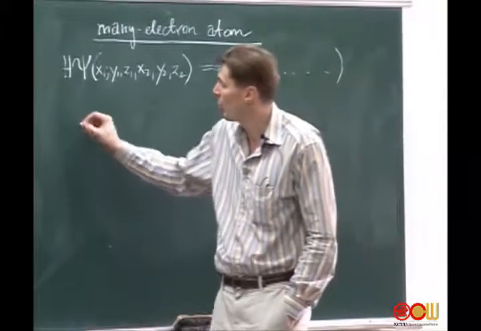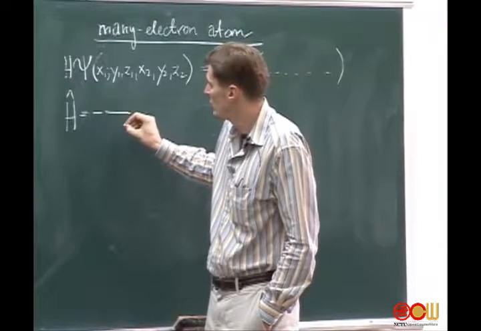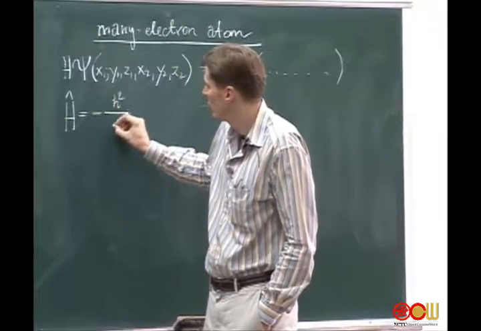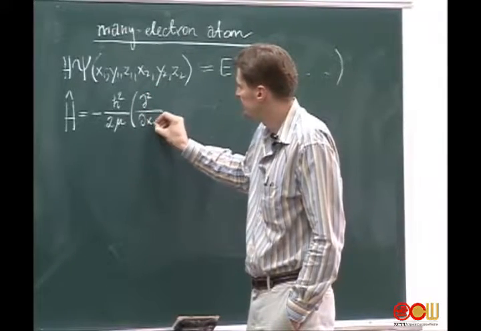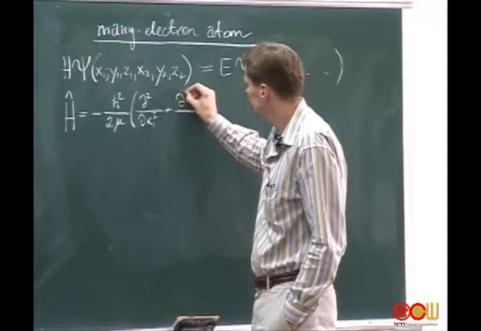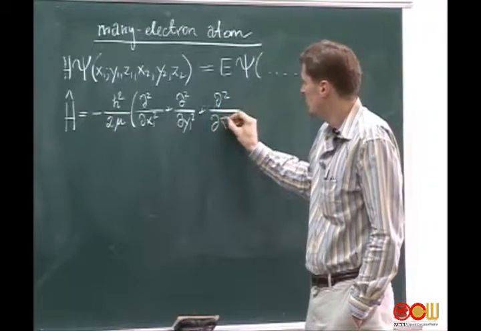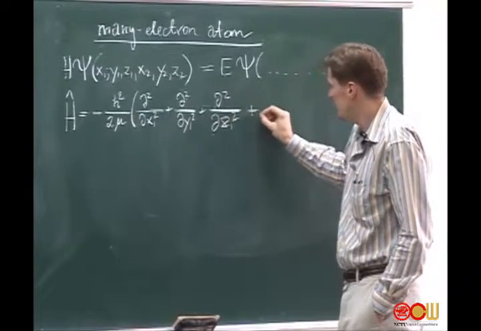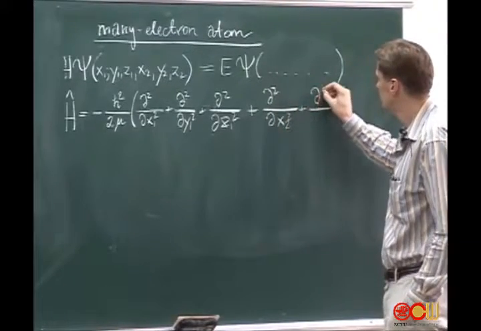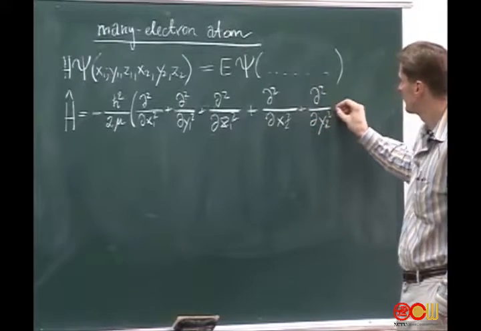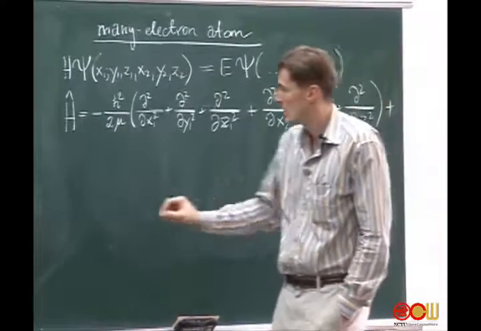So we would write the operator, of course. In the operator there would be the kinetic energy of the first electron, which is h squared over 2 mu of the first electron, z1 square, plus the same for the second electron, plus the potential energy.